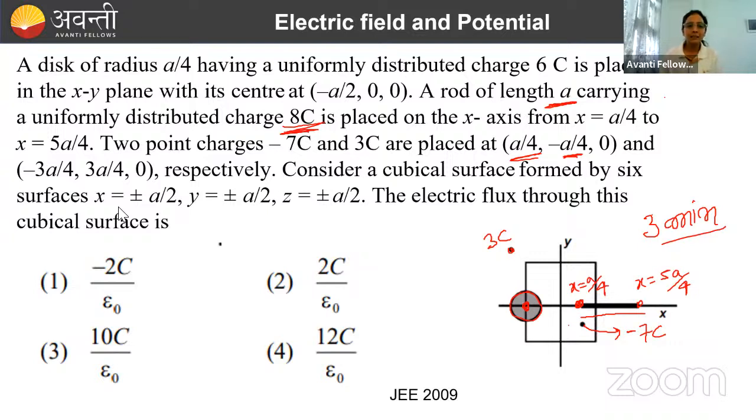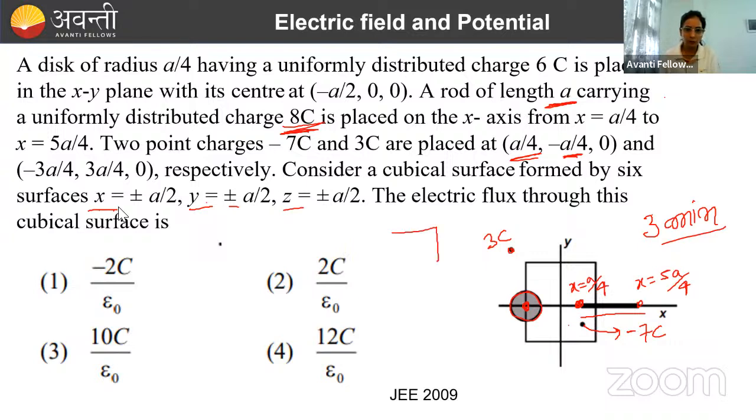Then consider a cubical surface formed by 6 surfaces. We are given a closed surface with x, y, z given as plus minus a by 2, plus minus a by 2, plus minus a by 2. So this is a cube of side a by 2 kept in XYZ space.